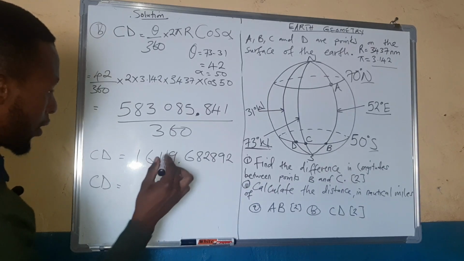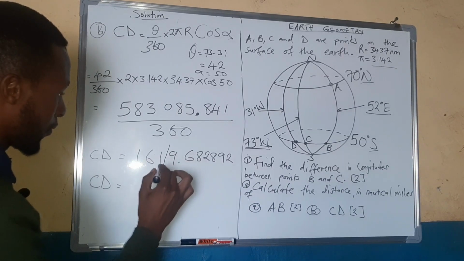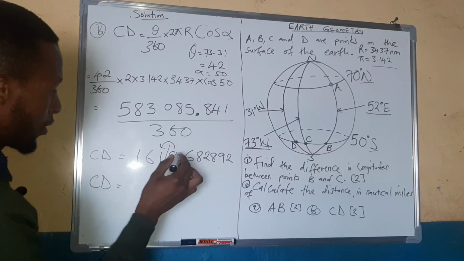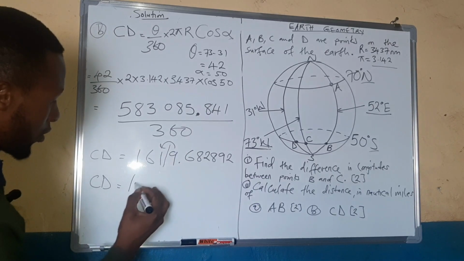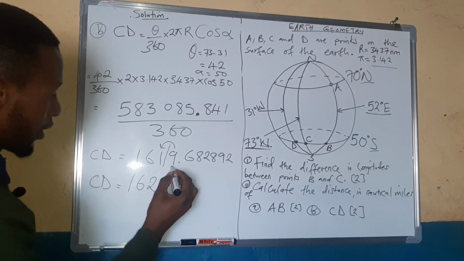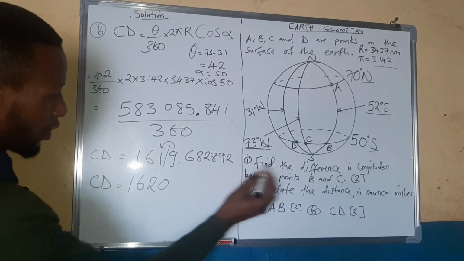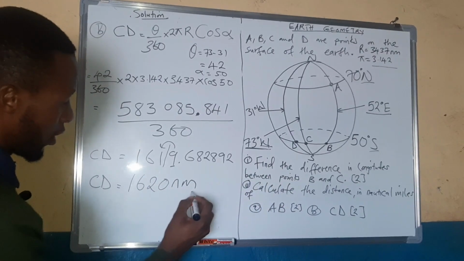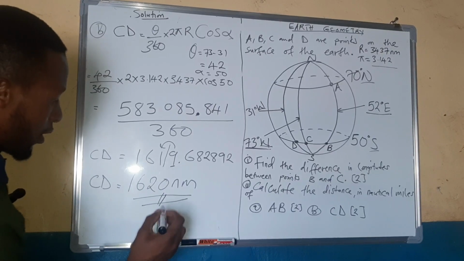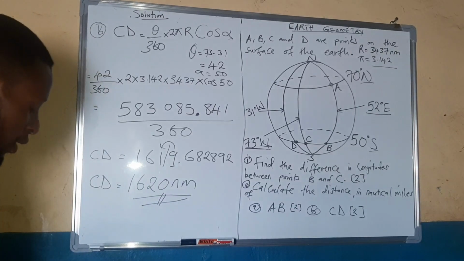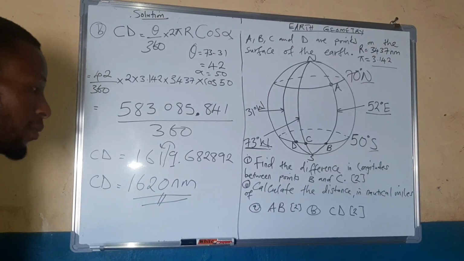We are striking here. The next number here is greater than 4, so we can add the 1. So it will be 162. Then this is before the point, so it is going to change into a 0. Then the rest we remove, in nautical miles. This is the distance between C and D in nautical miles.